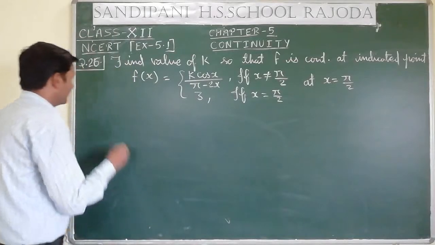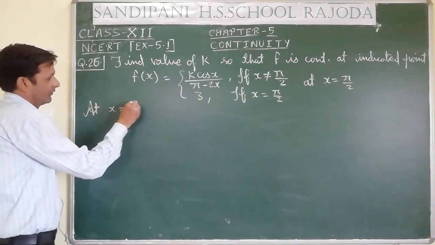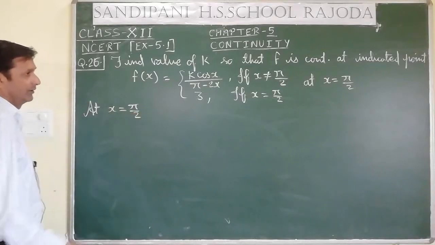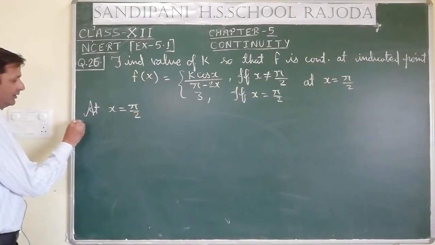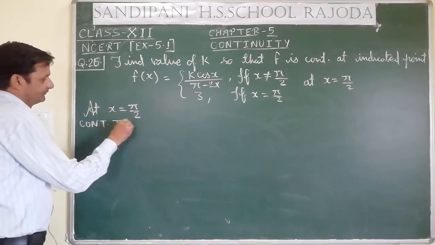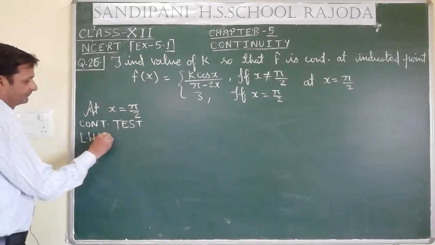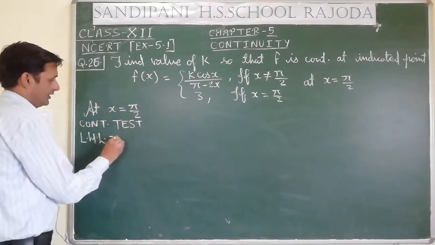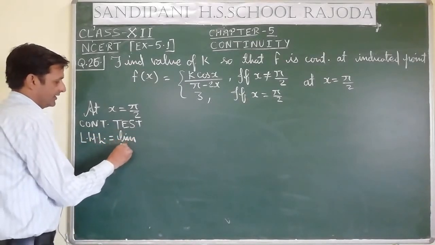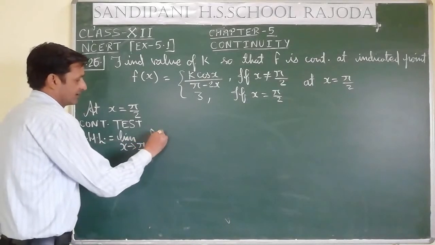So now at x is equal to pi by 2, continuity test. LHL is equal to limit x tends to pi by 2 minus f of x.